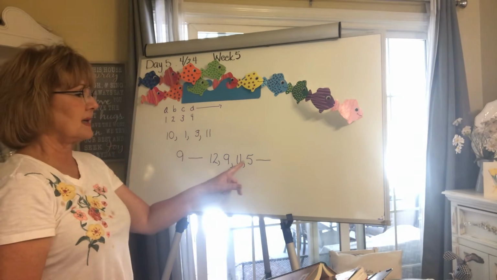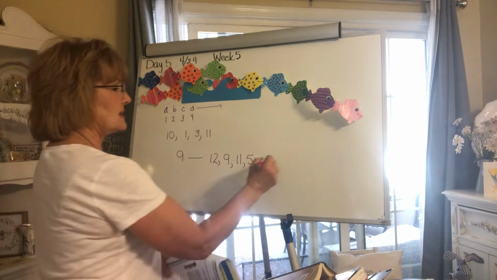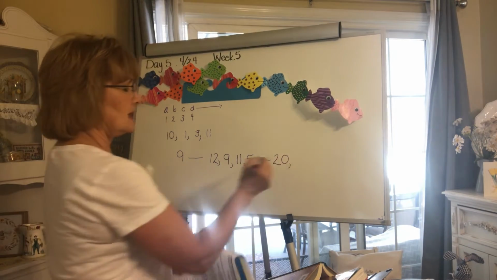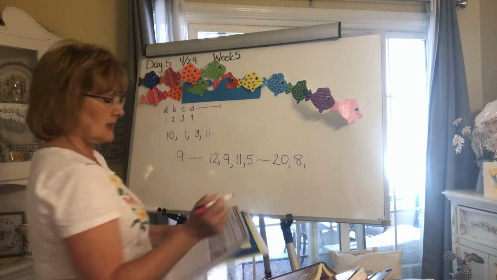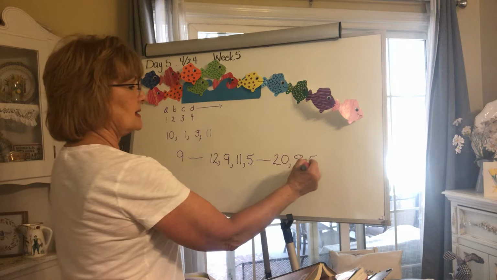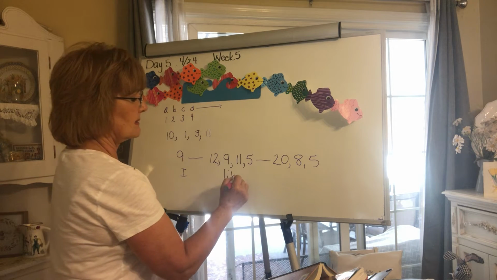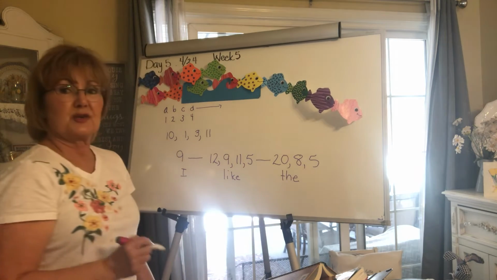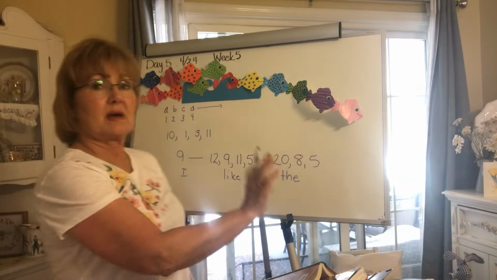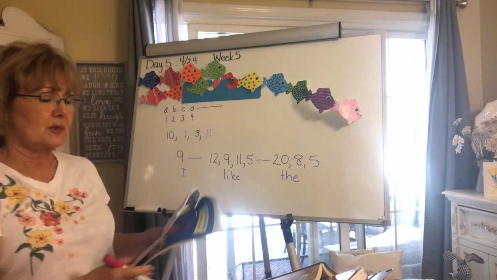I like space the, if you want to say the, 20, H 8, E is 5. So that means I like the, and then you go on. I like the time when, and so on and so forth.